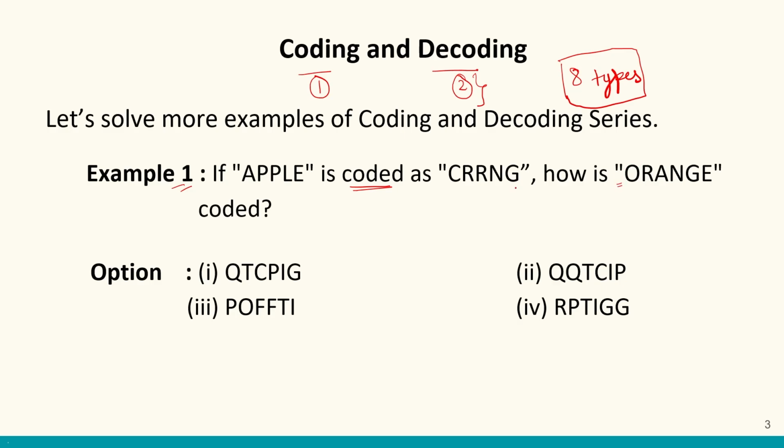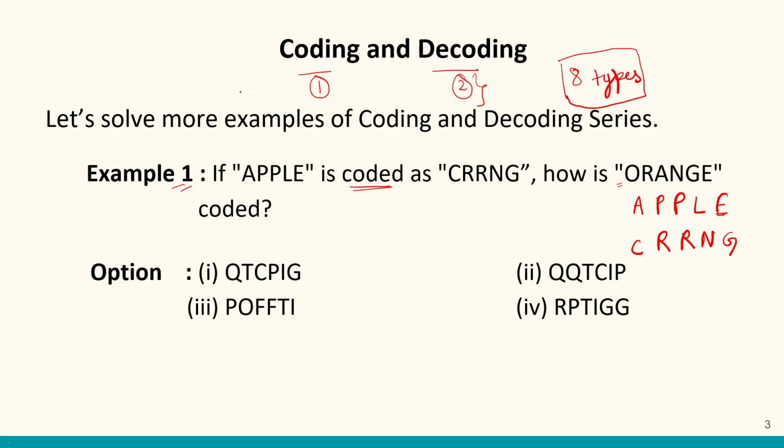So let us start with this word. I told you that it is always advisable to write your letters one below the other to get a clear understanding of how we are proceeding.